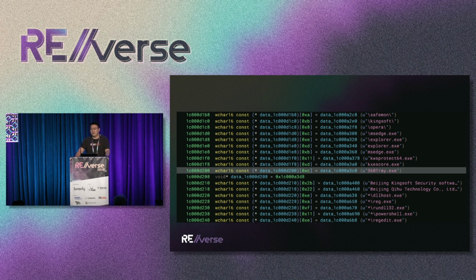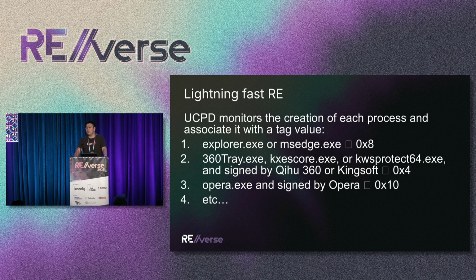What is going on? Now, because we are giving a lightning talk, let's just do some lightning fast reverse engineering and directly jump to the conclusions. It monitors the creation of each process and associates it with a category, maybe an enum value. If it's explorer.exe or msedge.exe, then the category value is 8.